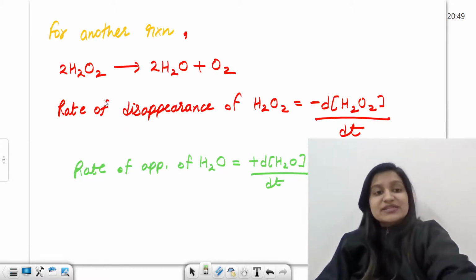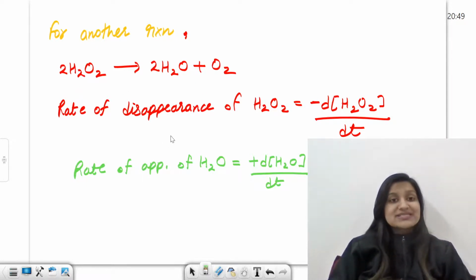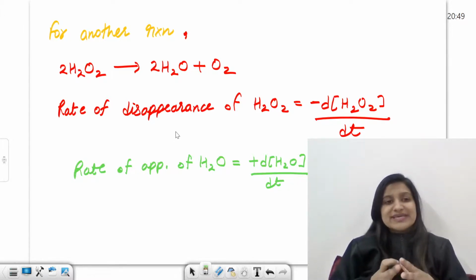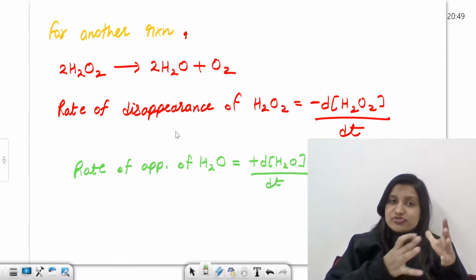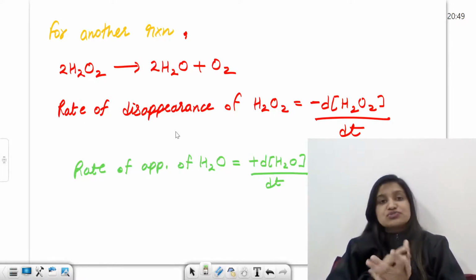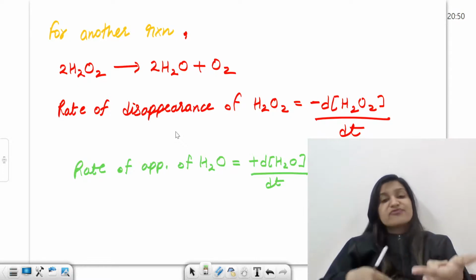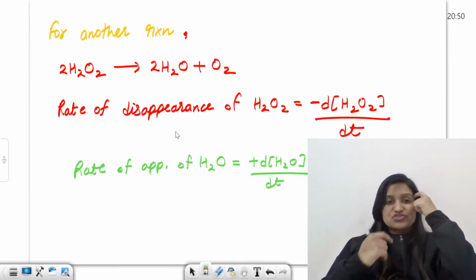Because again, see, the stoichiometric ratios of H2O2 and H2O is same. You can say the rate of disappearance of H2O2 will be equal to the rate of appearance of H2O, right? But the rate of appearance of O2 will be half of the rate of disappearance of H2O2, right?